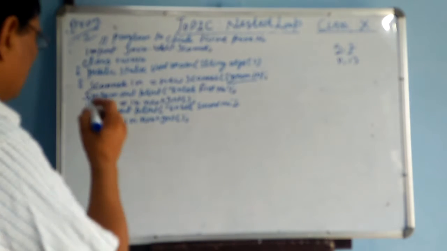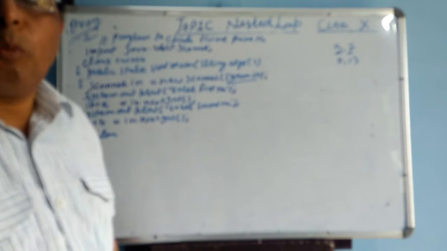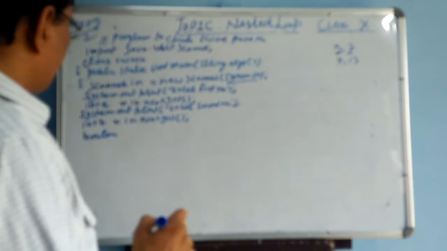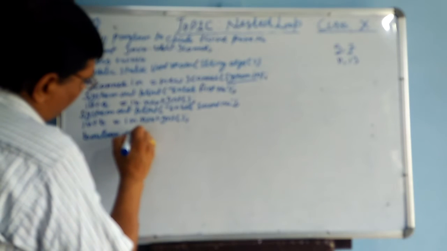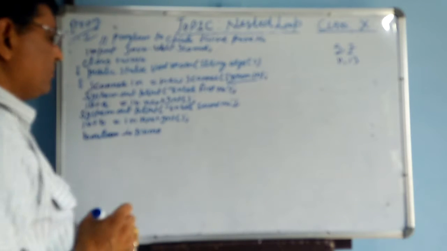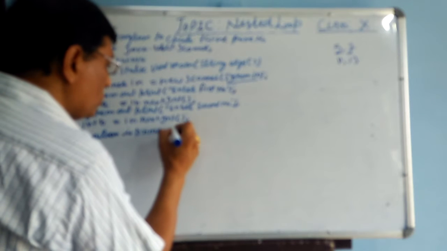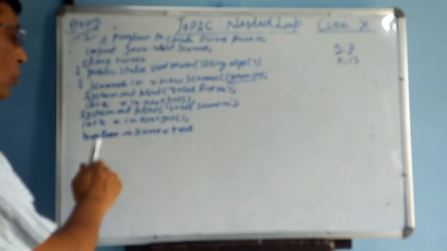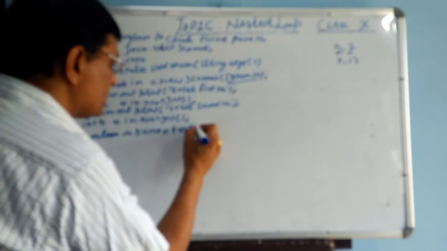They will check. boolean isPrime = true; suppose the value of isPrime is true, then semicolon.